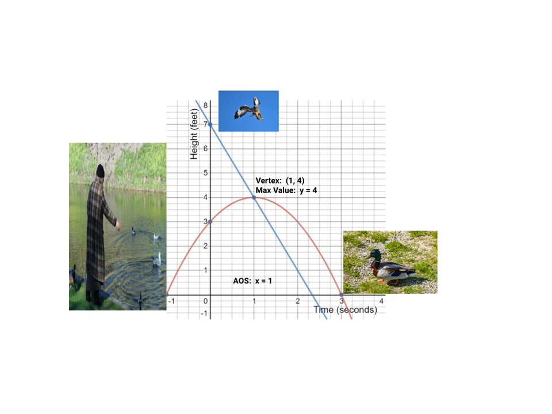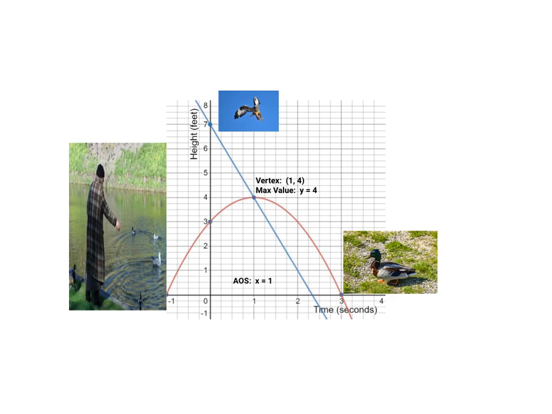So let's talk about key features for our line. Well, we have this point right here, and that is the y-intercept for that line. Again, in this situation, that would be the starting point for the hawk. Maybe the hawk is sitting on a branch on a tree, and he's watching you, and he decides when he's gonna drop down and get that snack.